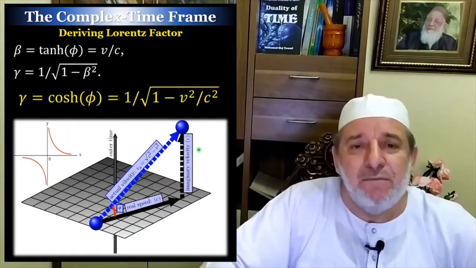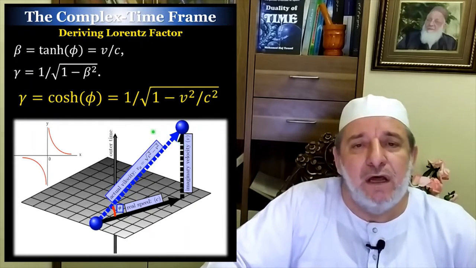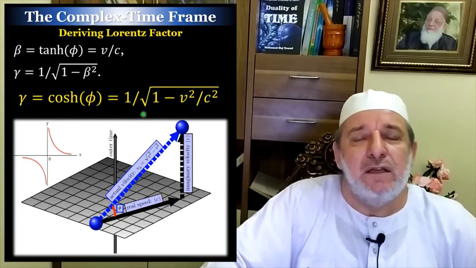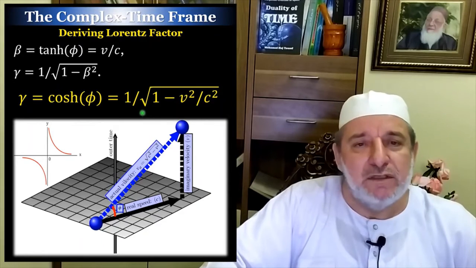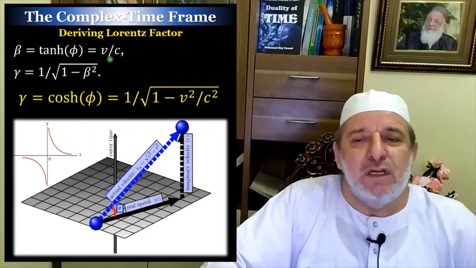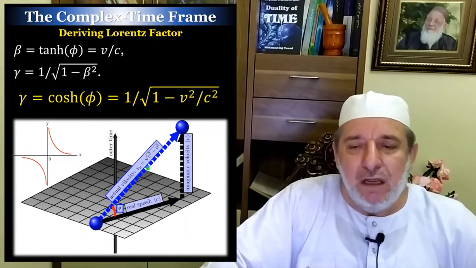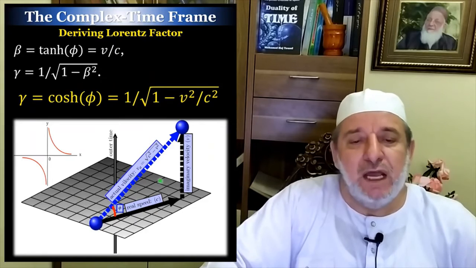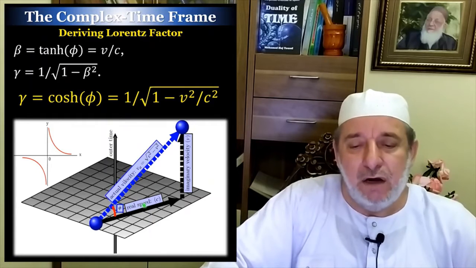Now let's move to the main part, which is how to derive the Lorentz factor, and then after that how to derive the mass energy equivalence. So the Lorentz factor is actually straightforward, because just by looking at the hyperbolic relation or the split complex relation between the inner and outer.